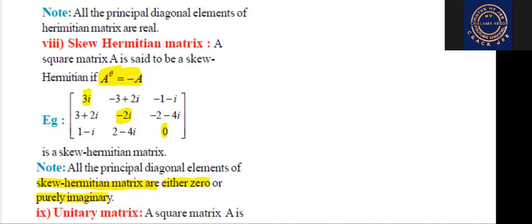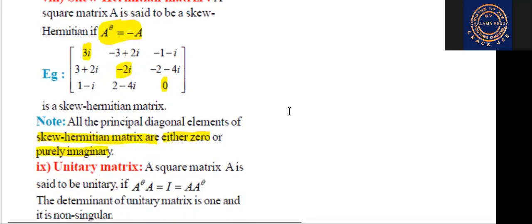If the principal diagonal elements are purely real, that is a Hermitian matrix. If purely imaginary or 0, that is a skew Hermitian matrix. What is the condition? A conjugate whole transpose equal to minus A means a skew Hermitian matrix.